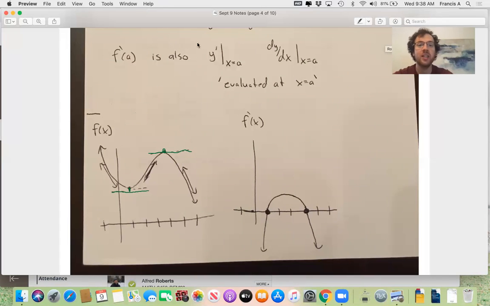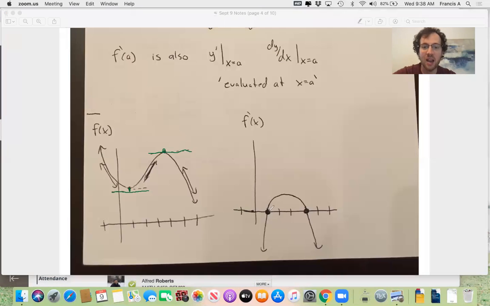So what we can take away from this is that at these 2 points, 1 and 4, the tangent lines are horizontal. Horizontal lines have slope 0. So because of these 2 horizontal tangent lines, that is why our derivative is 0 at these points.